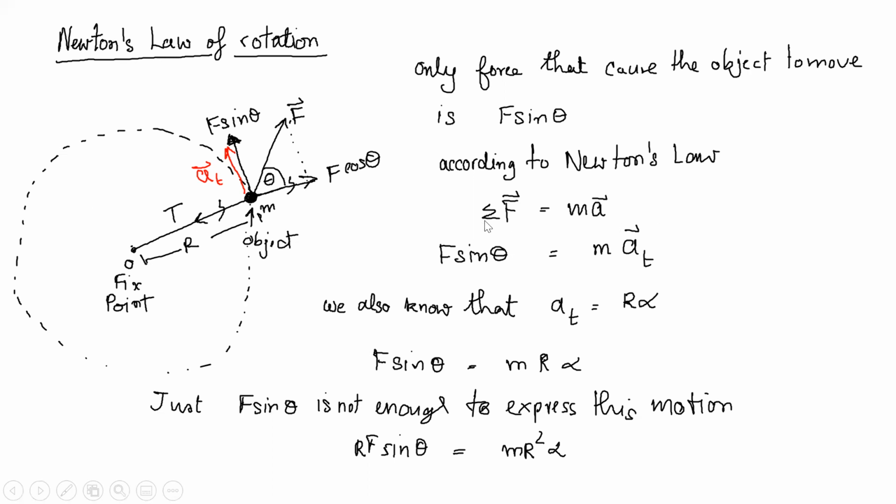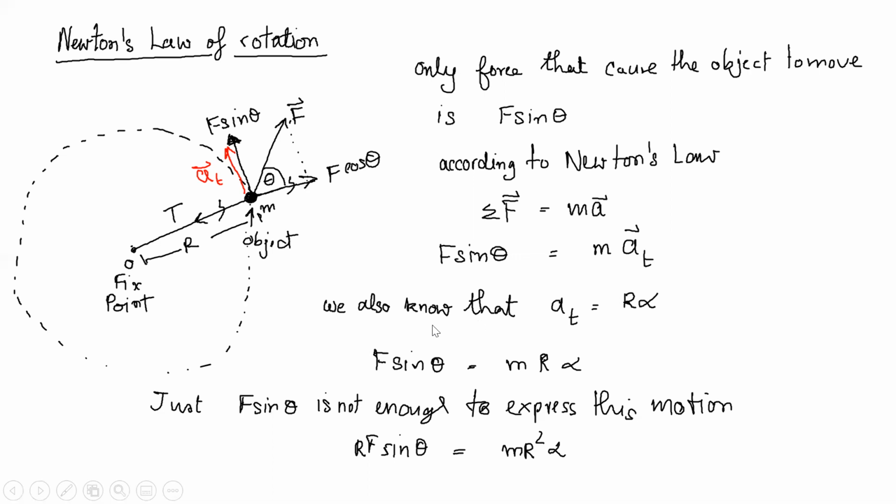Now, if we apply just a simple Newton's law, summation F equals ma, and our F is F sine theta, it equals m times a_t, where a_t is the tangential acceleration.